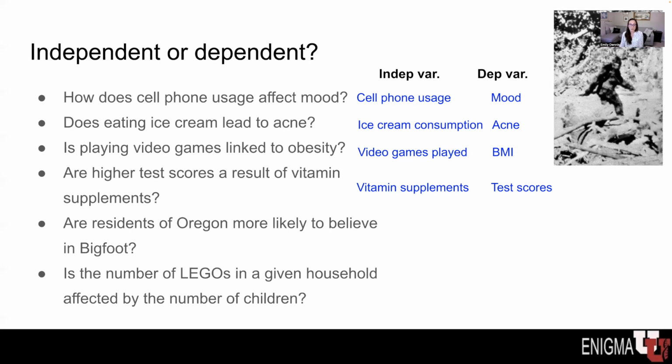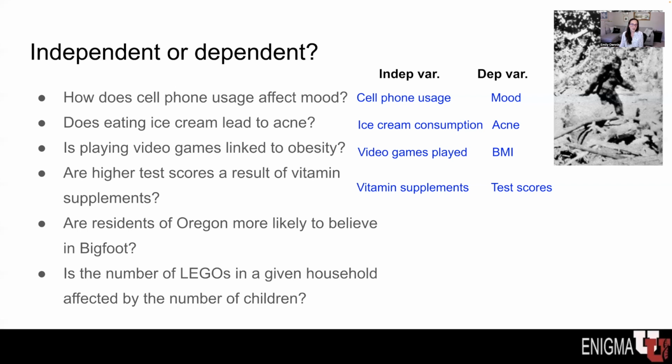It's certainly possible to provide evidence for a causative relationship, but it is a lot harder and takes a lot more detailed data to do so. Mostly what we deal with is associations and correlations. So if we were simply asking if somebody takes vitamin supplements and then asking for their test scores, this would be answering the question, are higher test scores related to vitamin supplements?